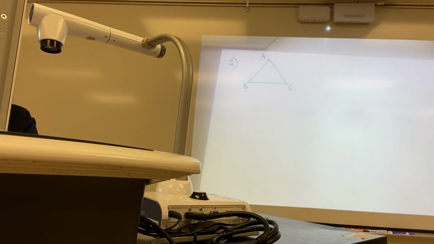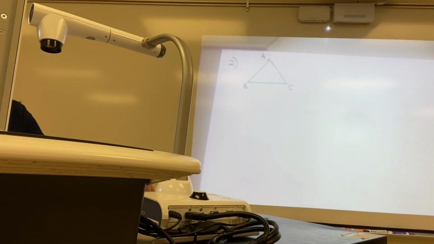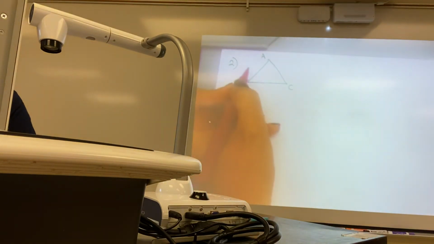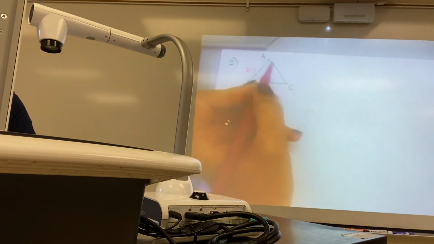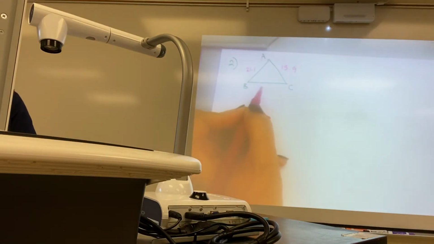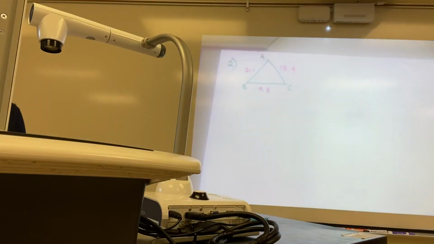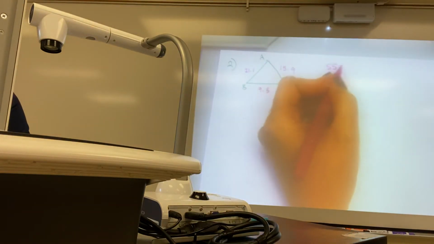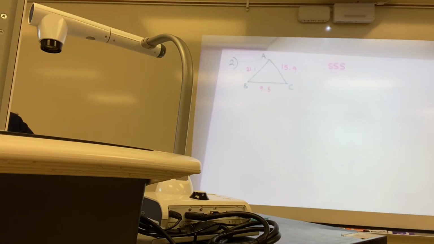This time we know all the sides. So I know that this side is 21.1 and this side is 15.9 and this side is 9.5. So this is the side-side-side case. Okay, first we need to find one of the angles.